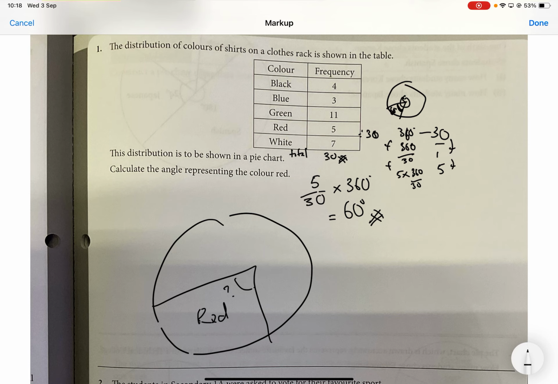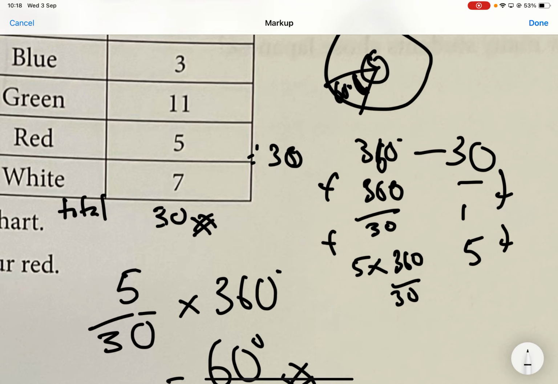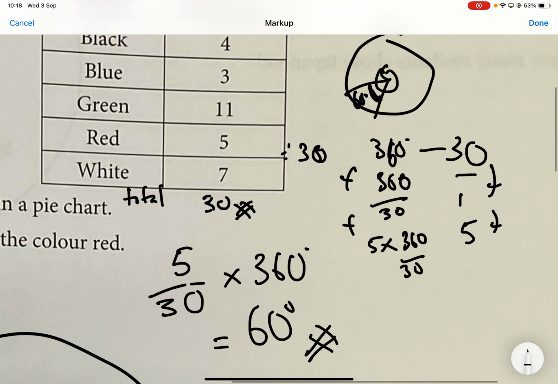Eric suddenly talk too loud. Okay, those finished copying, start to read question 2.